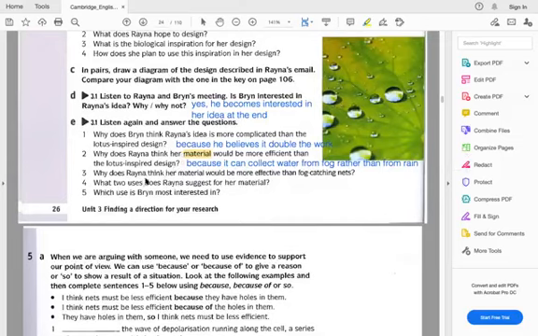Why does Raina think her material would be more efficient than the fog-catching net? Because the fog-catching net contain holes that can pass useful fog.